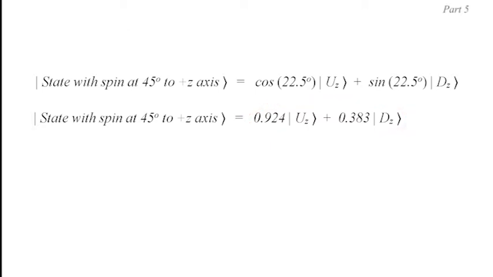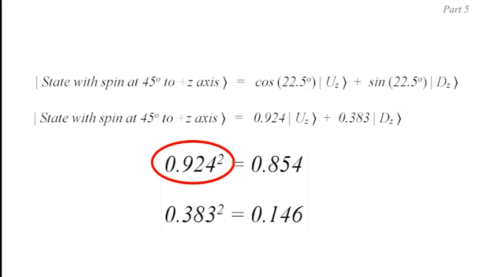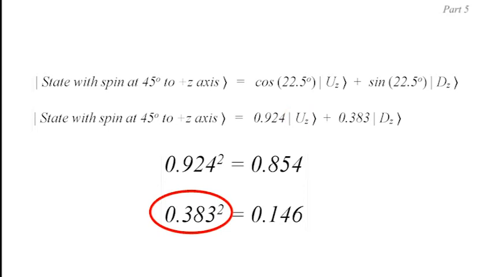However, we also said that each individual coefficient squared is the probability that this 45 degree pointing spin vector would be considered to be pointing up or down. In other words, 0.924 squared is the chance of it being measured as up, and 0.383 squared is the chance of it being measured as down.